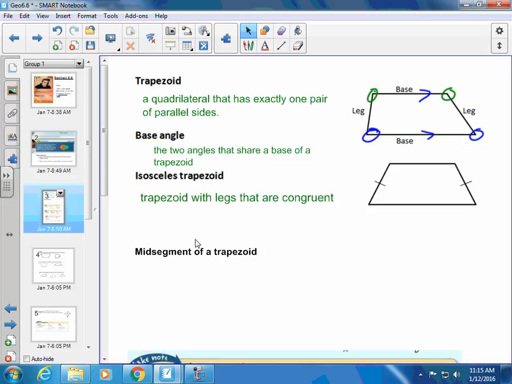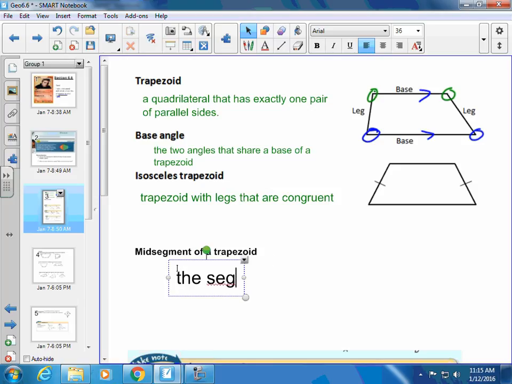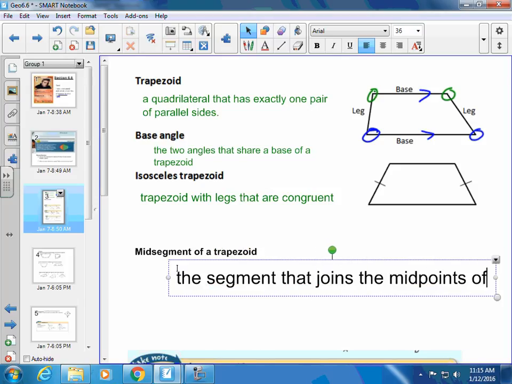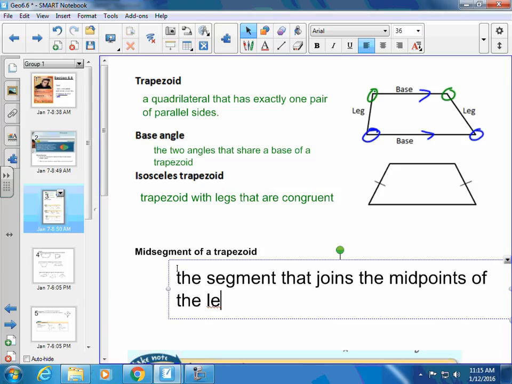Right, and one other term for this first part about trapezoids is the mid-segment of a trapezoid. The mid-segment is a segment that joins the midpoints of the legs of a trapezoid.